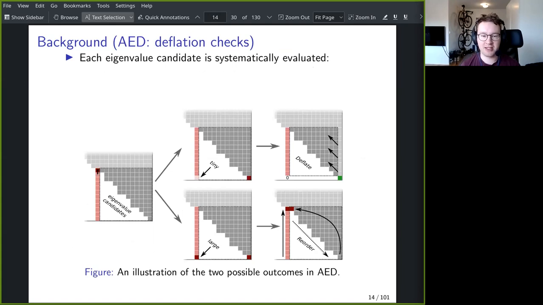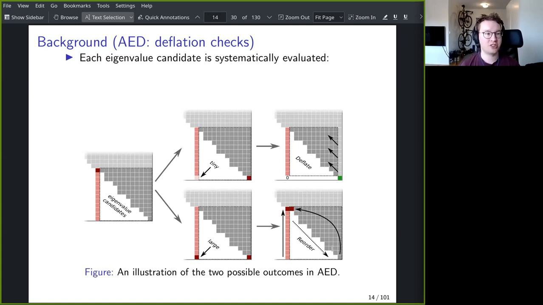And once we have done this, we can then look at what the elements in the spike are. If it turns out that the element in the spike is very tiny, then we can set it to 0, and we will end up deflating a 1 by 1 block here. And if it turns out that that element is very large, then we will do eigenvalue reordering, and we will apply a set of orthogonal transformations inside this AED window to move this failed candidate to the upper left corner of the window, and it will then push the remaining blocks down, and we can then go and evaluate the next block.